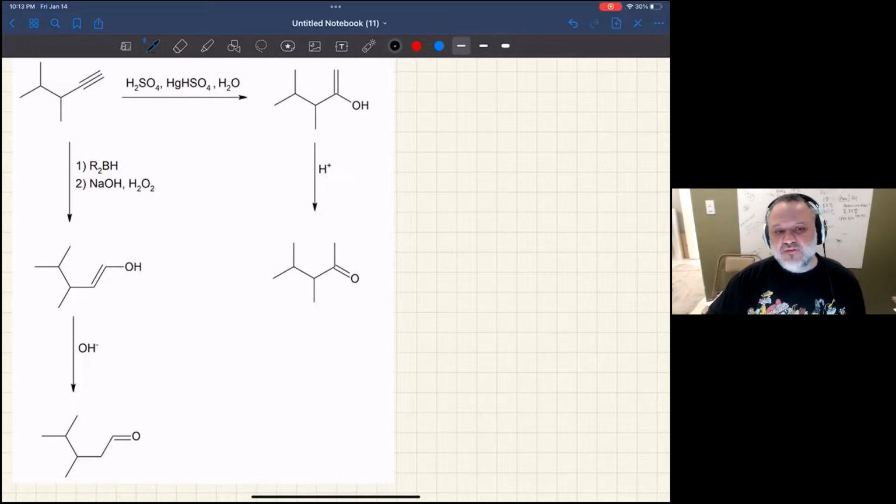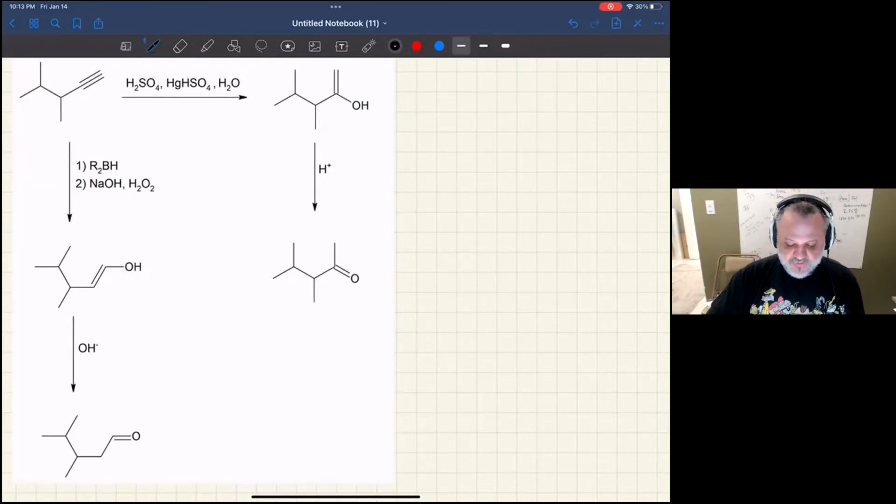And so we have to be able to think about how this tautomerization from an enol to a carbonyl can happen from either one of those two possible structures. And so it's asking us to show that mechanism in that process.